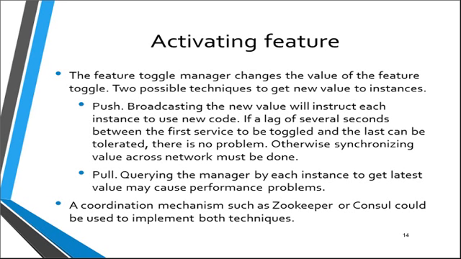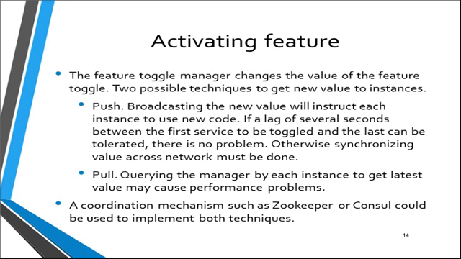And so there are two styles, which is kind of normal. You can push, so you broadcast a new value, or you can pull, which means that each instance has to query to get the latest value. The querying, the pull, can be done synchronously through the instance.